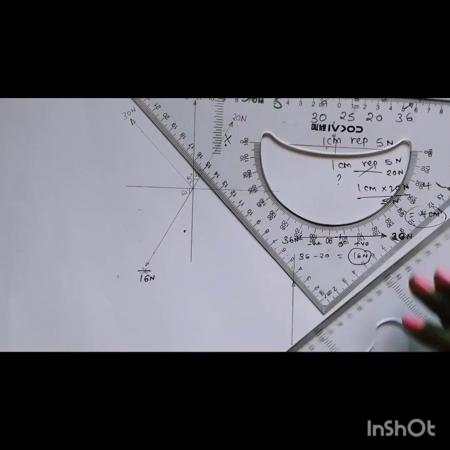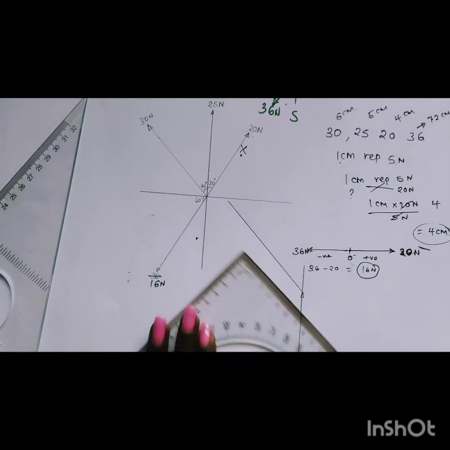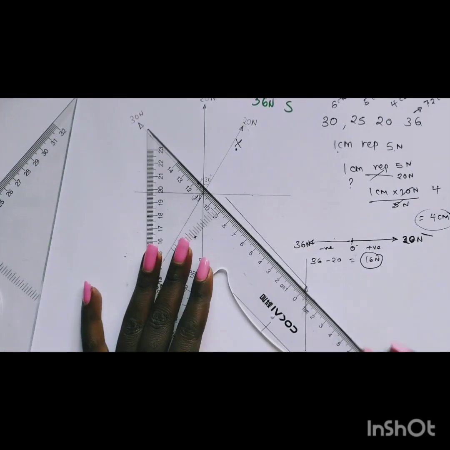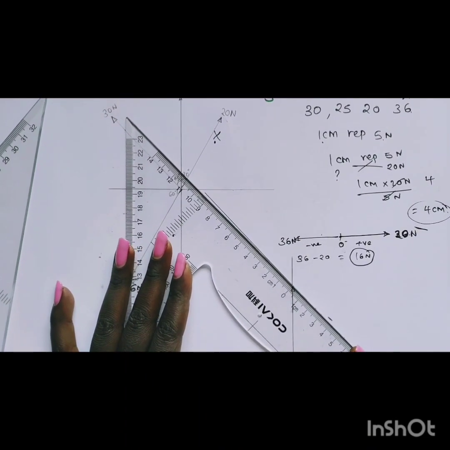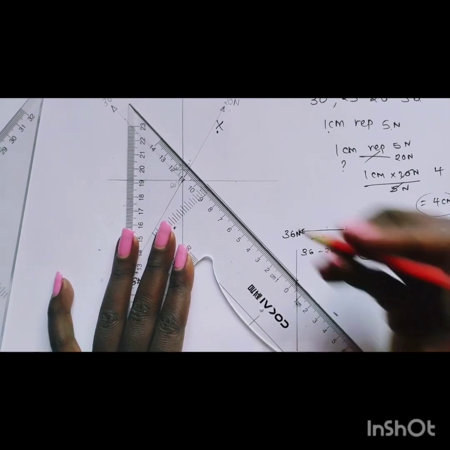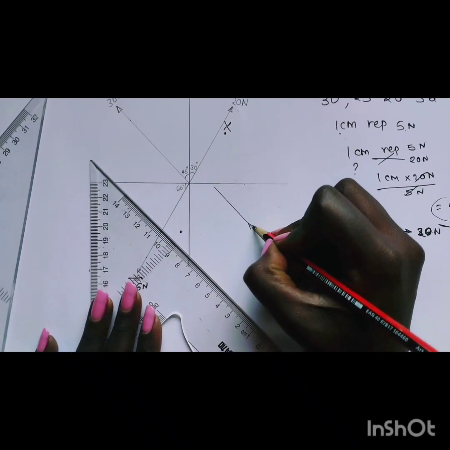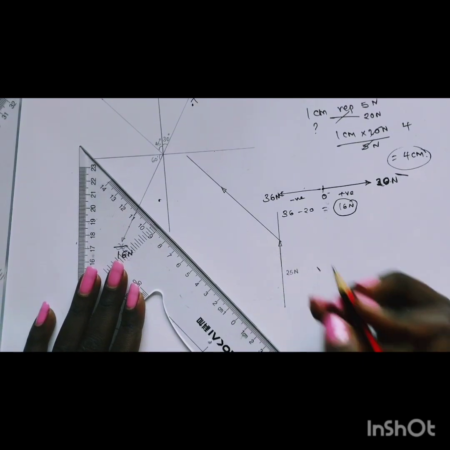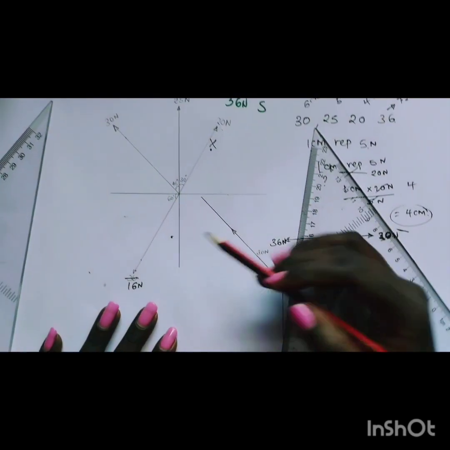From our scale, we were doing 1 to 5, so for 30 I'll have to measure 6 centimeters. So from my point 0, the nose of that vector, to 6. I hope you're following from your diagram. So that's the nose of my vector. So you can indicate this as 25 newtons. This is 30 newtons.